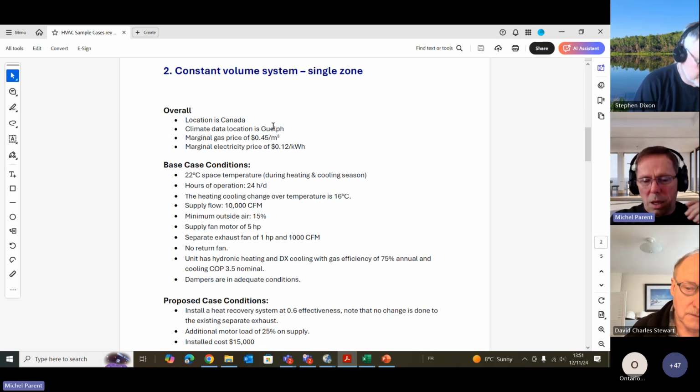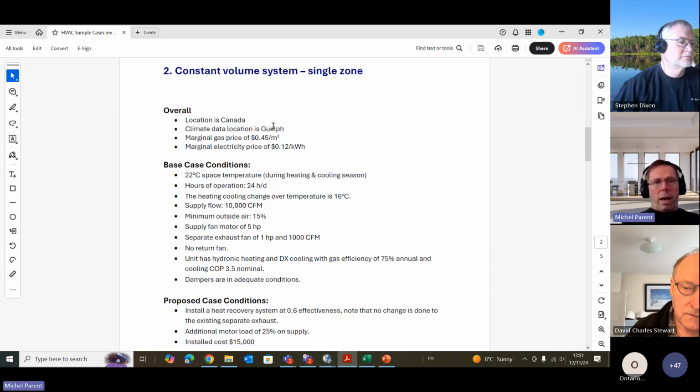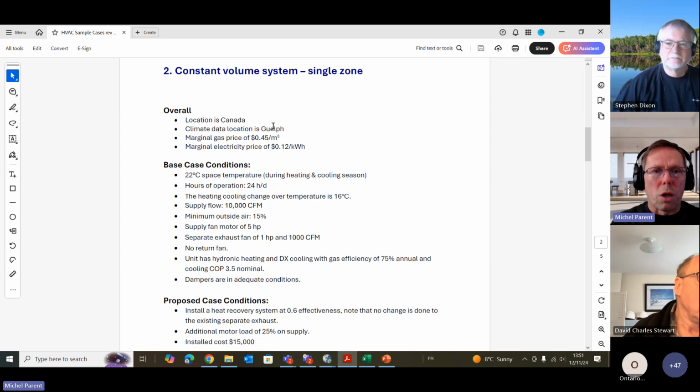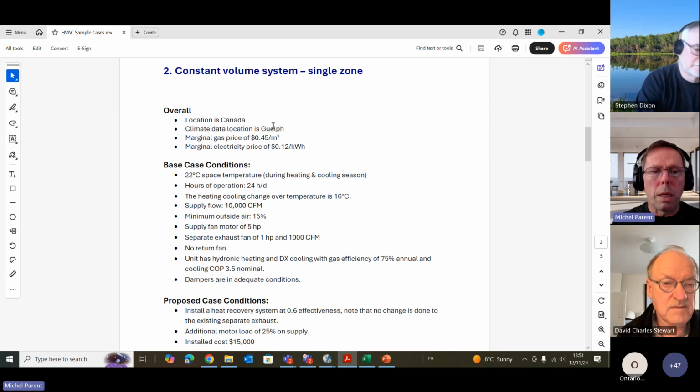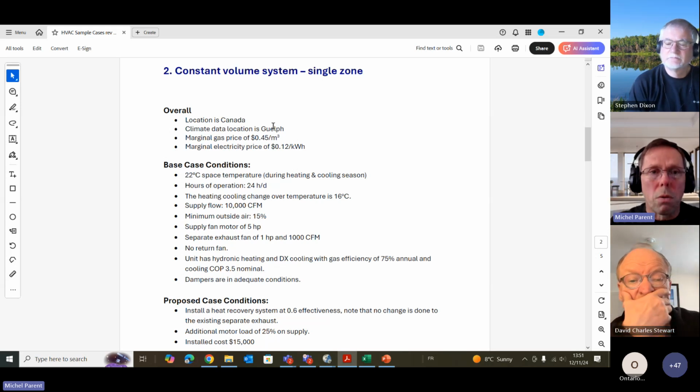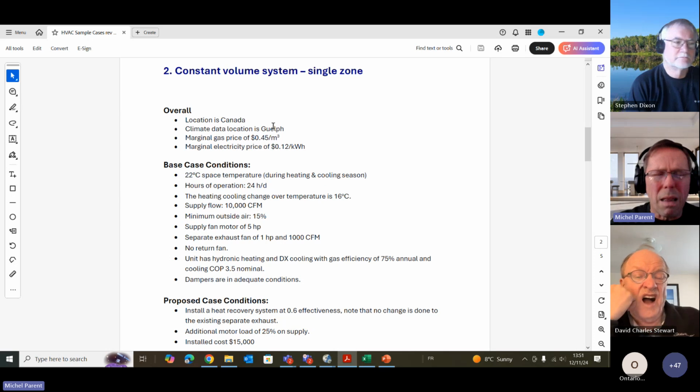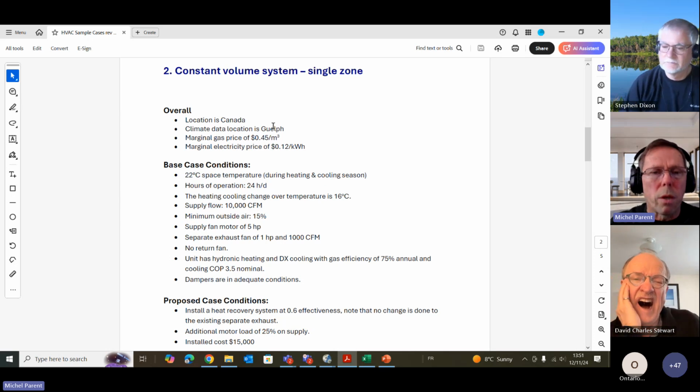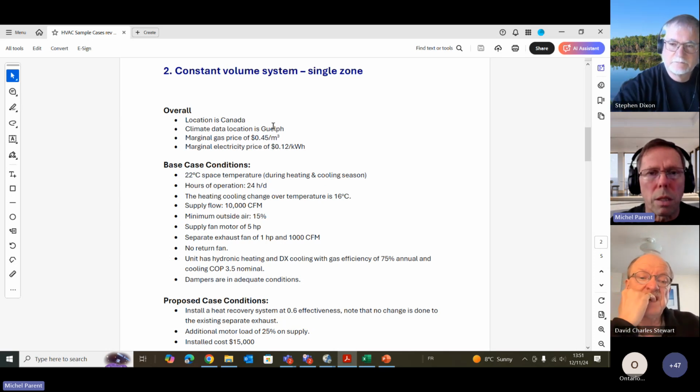So now we're going to define actually the same system that Stephen showed us. That one should be very straightforward. It's also, I'd say, the ideal system in RETScreen in the sense that you don't need to do any kind of workaround like we did for the supply temperature of the makeup air unit. So this is a single zone constant volume system, basically a standard rooftop unit with one zone thermostat.